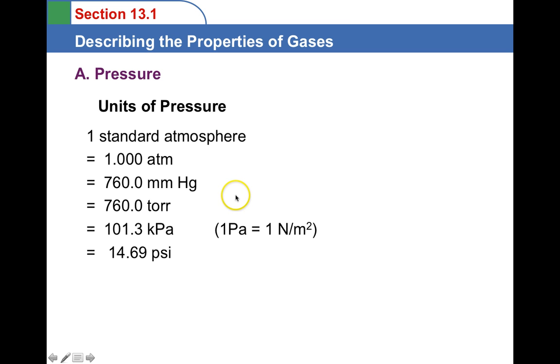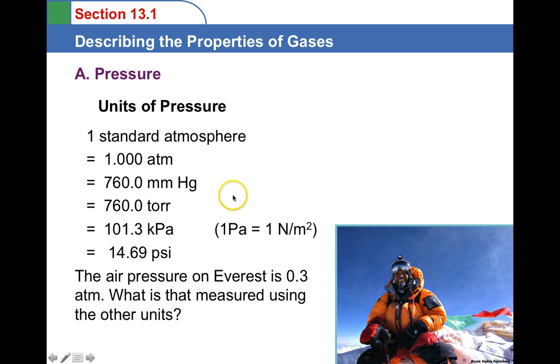And it's 14.69 psi. Now let's do some conversions, because when using gas laws you have to have your units match. If you're given two different units, you have to convert so that they're all the same. If you're using the ideal gas law, everything needs to be in atmospheres for the R that we're using.